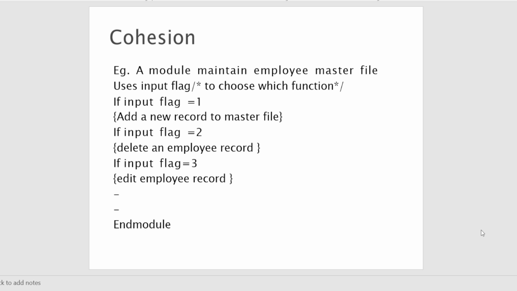If the input flag is 3, you are editing the record. So these statements, add record to a file, delete employee from record, or edit employee record, are affected because of a logic. This logic is governed by some other activities outside the scope of the module. That's why they are called logical cohesion.